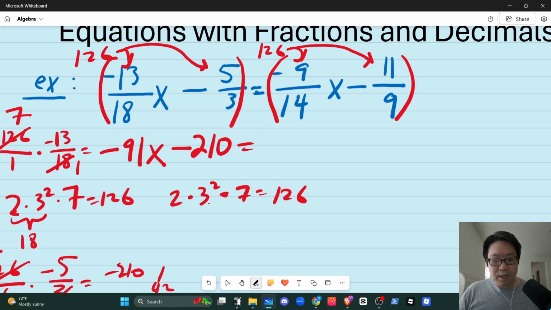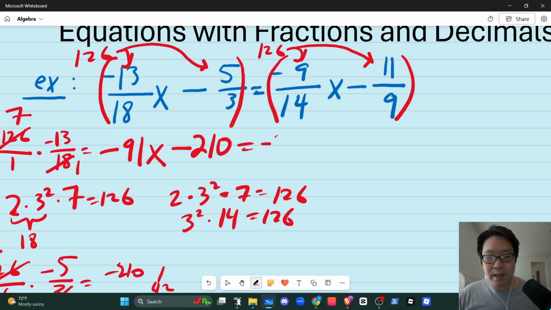So 14, so 2 times 7. So 3 squared times 14 equals 126. So 126 divided by 14 would be 3 squared. In other words, 9. Okay. And then we'd have to multiply with this negative 9, giving us a negative 81x.